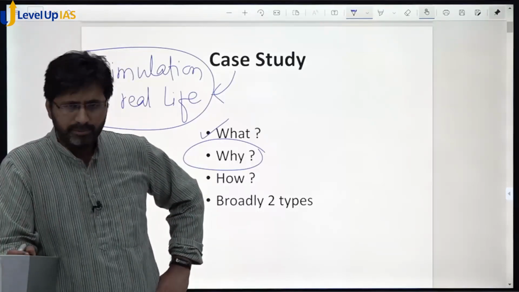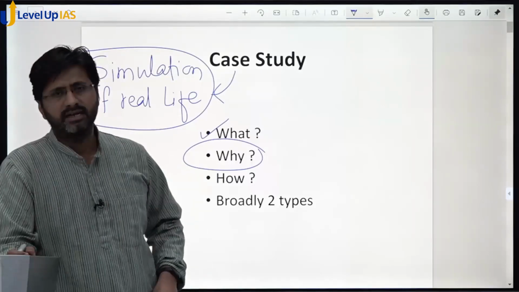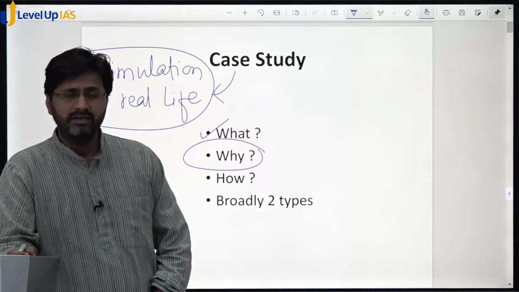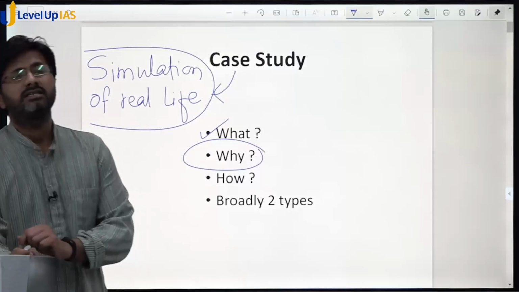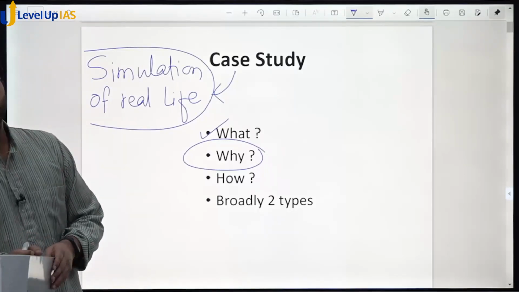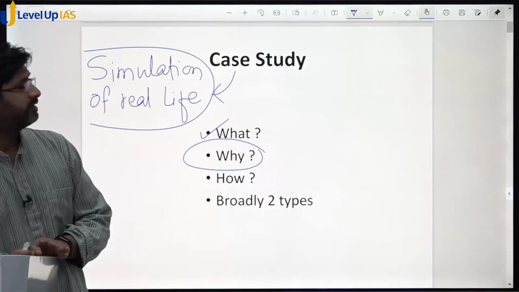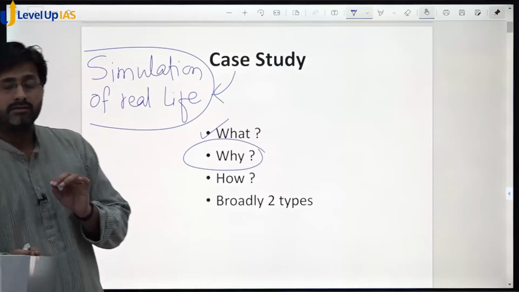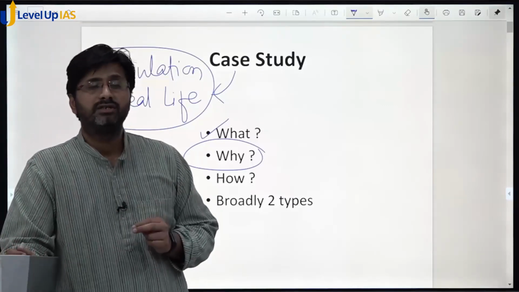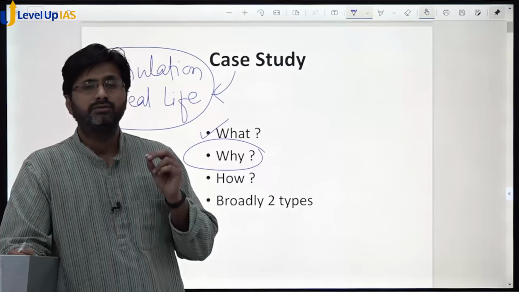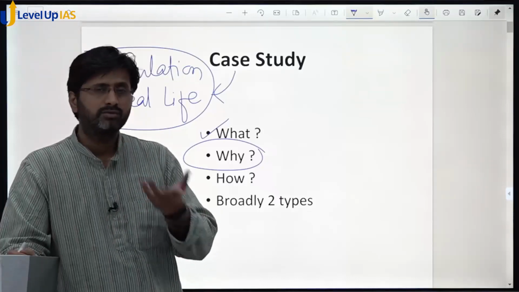There the situation will be much more complex. It will not be exactly the way it is here, but still you are required to think in a different way, think as if it is a real simulation, and only then will you be able to answer.